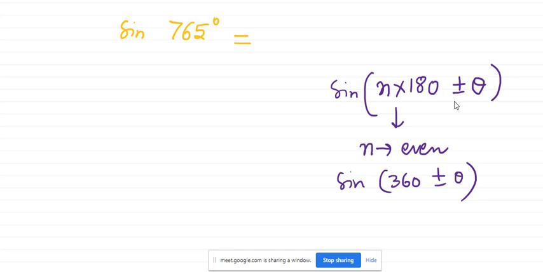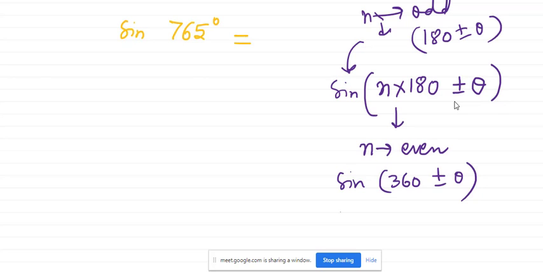So that means it will go either in quadrant 1 or quadrant 3. And if your n is odd, in this case you will apply the rule for 180 plus minus theta. Is this clear?